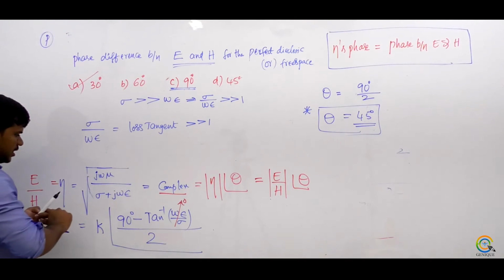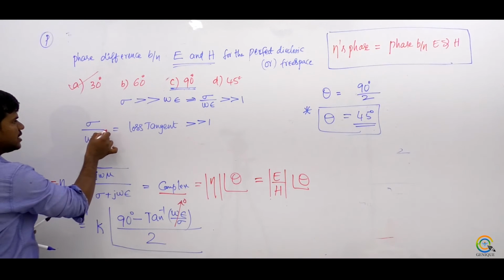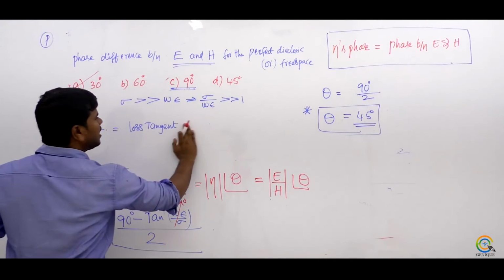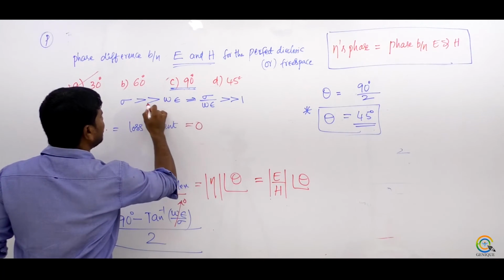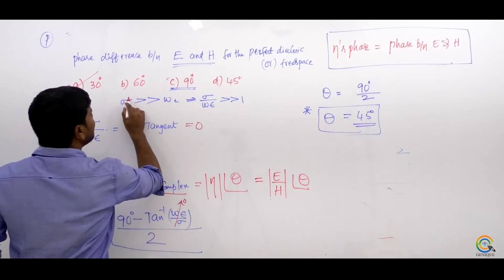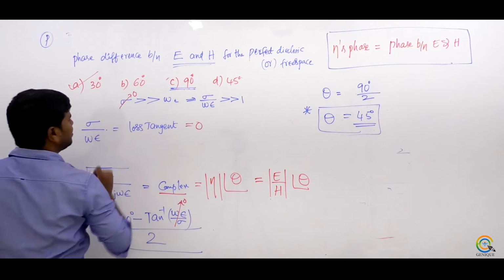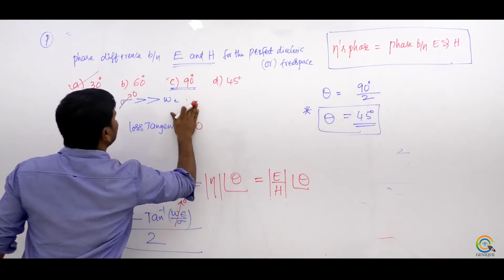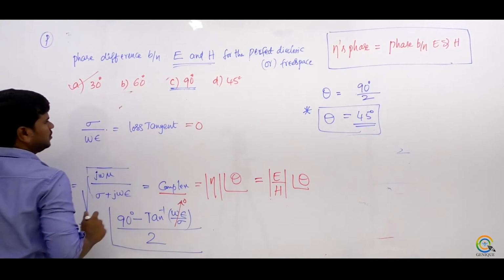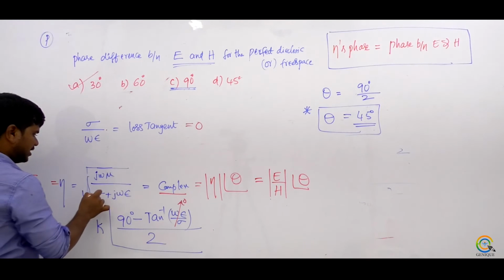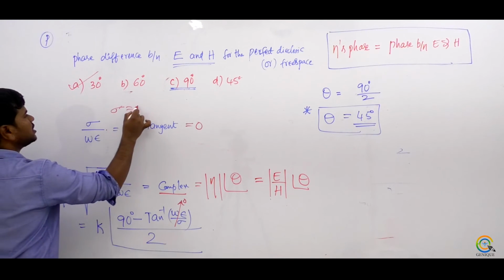What happens? For the perfect dielectric, what is the loss tangent value? The loss tangent value will be 0, because sigma is 0. The loss tangent is also 0.